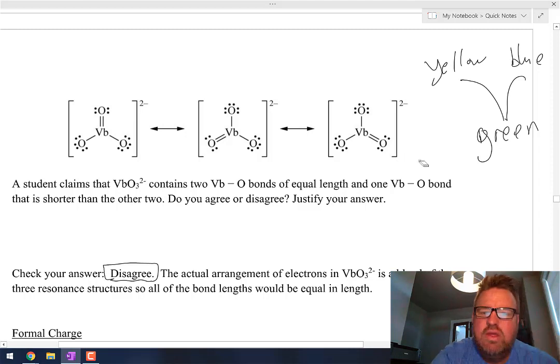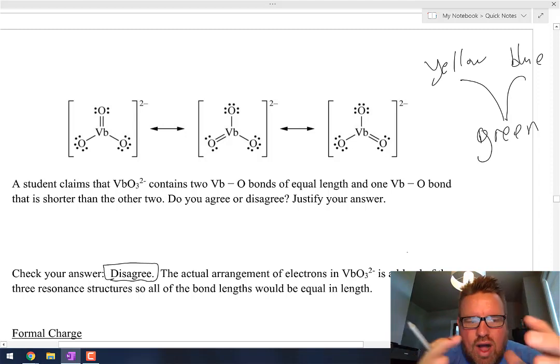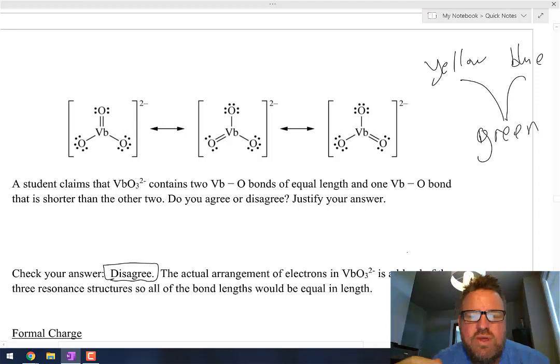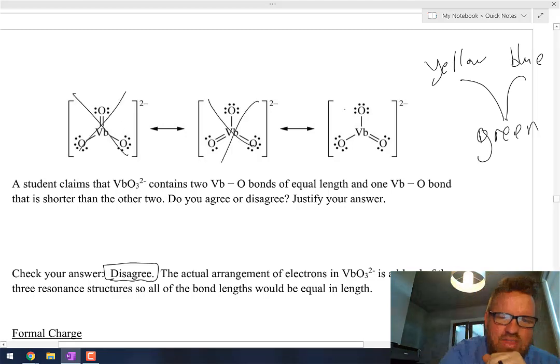But the actual arrangement of electrons in VbO3 2- is a mixture or a blend or a combination of those 3 resonance structures. So all of the bond lengths would be equal in length. Okay, so it's not this, it's not this, it's not this.